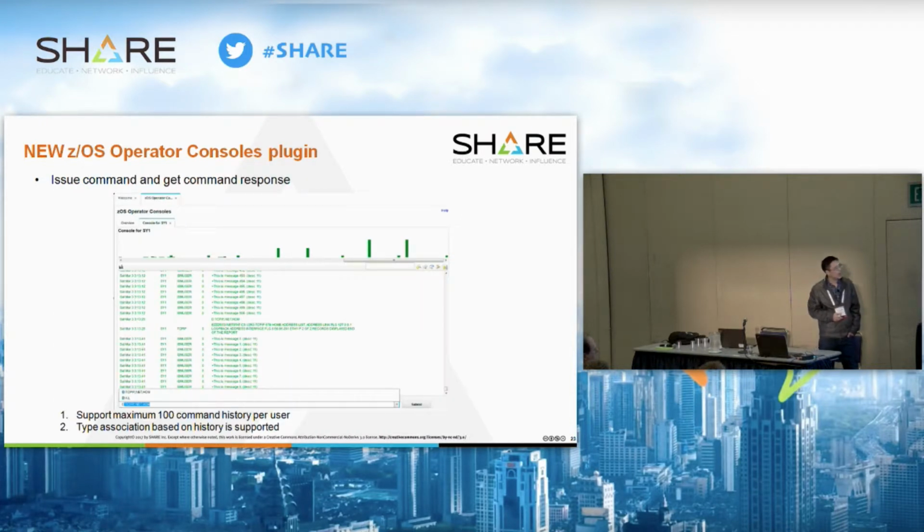And as a console panel, of course, you can issue commands in this panel. At the bottom, you can enter your command here, and you can press enter or click the submit button to issue the command.